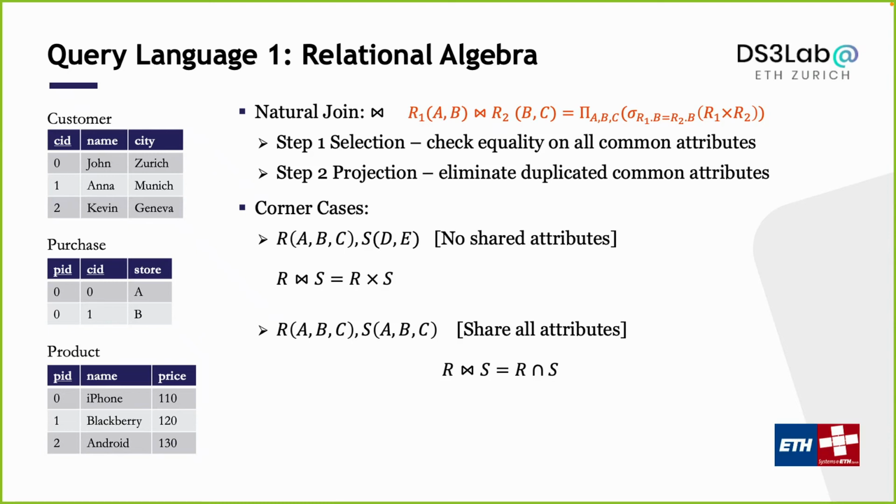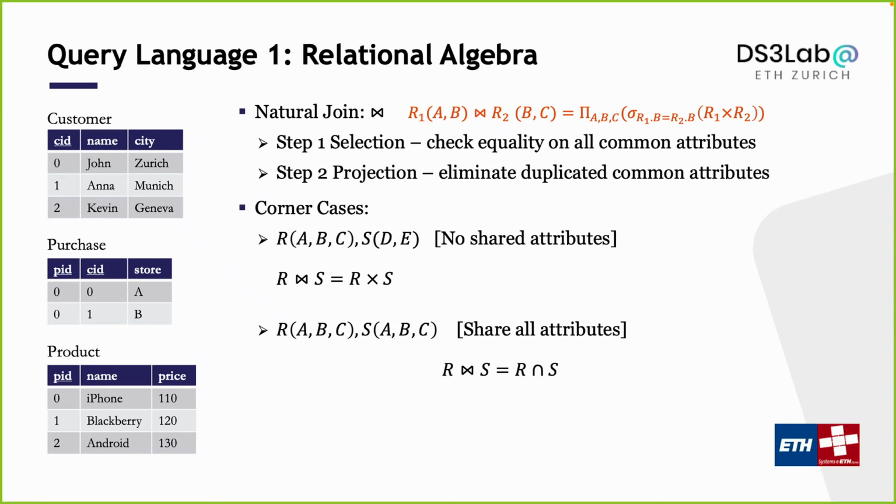The consequence is that the only tuples that could be in the answer of the natural join between those two relations sharing all the attributes are those that would appear in the intersection. Only tuples that appear in both have the chance to be returned, because I take all the pairs of tuples, and the selection operator matches all the attributes.